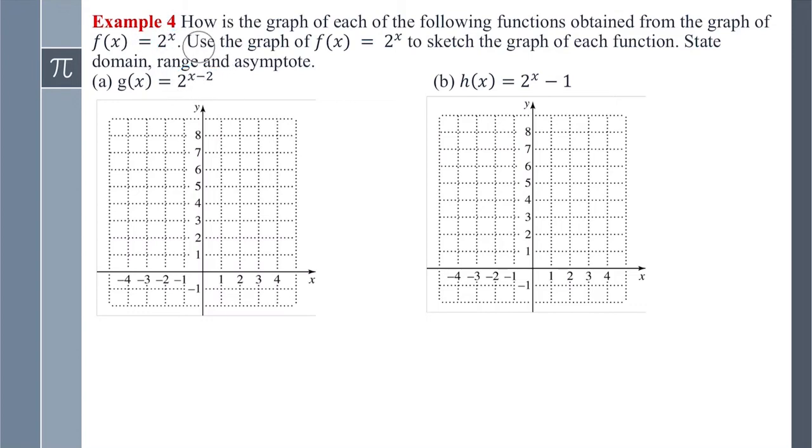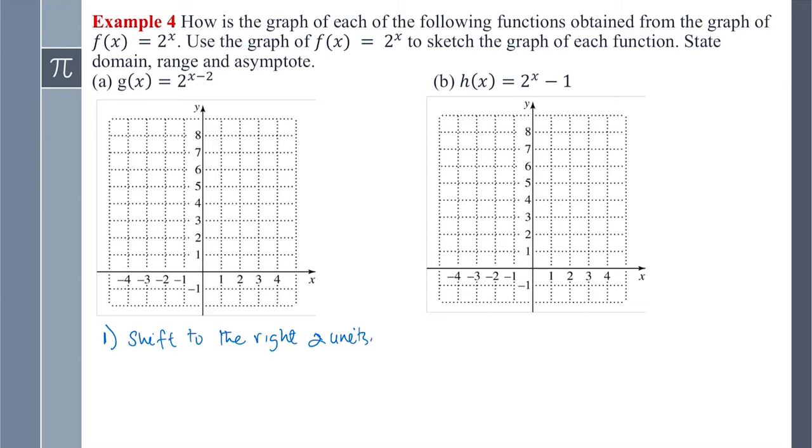So remember, when we did the function transformation, we learned that if we subtract a number from x, the graph of that function shifts to the right. So the first thing that we need to answer is, what is the transformation? So the transformation is shift to the right. By how many units? It's 2 units, because we are subtracting 2. That's the first answer.